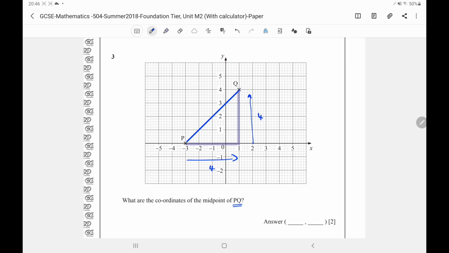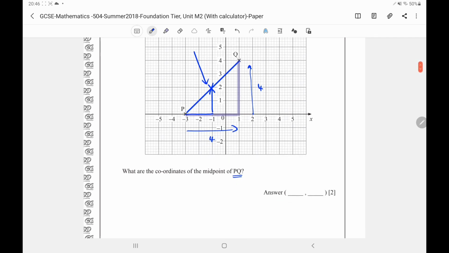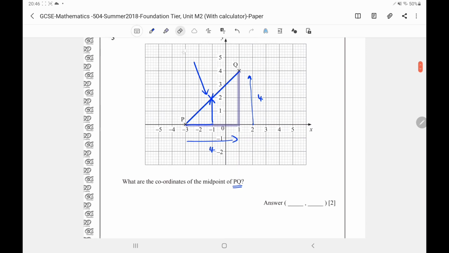So to get halfway between P and Q, don't go across 4, go across 2, and up 2. And that point there is our midpoint. So you go halfway across, halfway up. Then the coordinate is going to be, let's just rub everything out, minus 1, 2, because it's your x coordinate before your y.